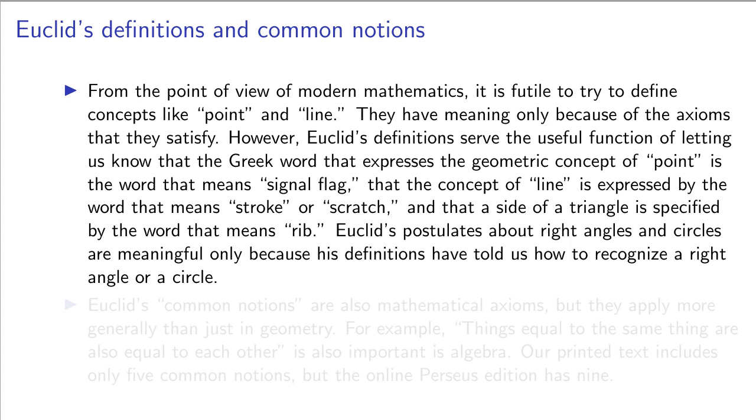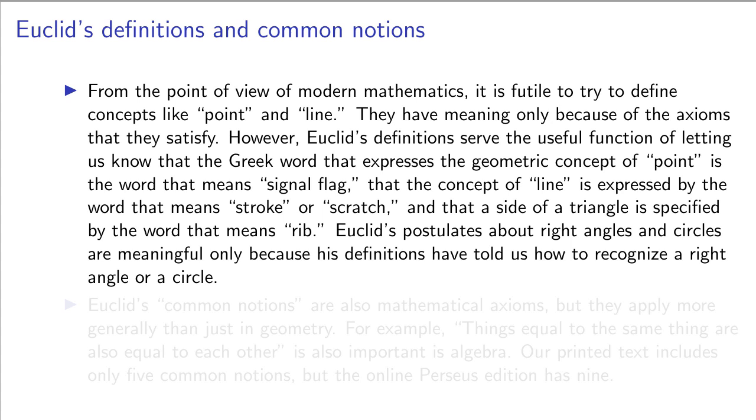That the word that refers to the concept of a line, not necessarily a straight one, is the same word that in Greek means stroke or scratch. And that a side of a triangle is specified by the Greek word that's also used for rib.